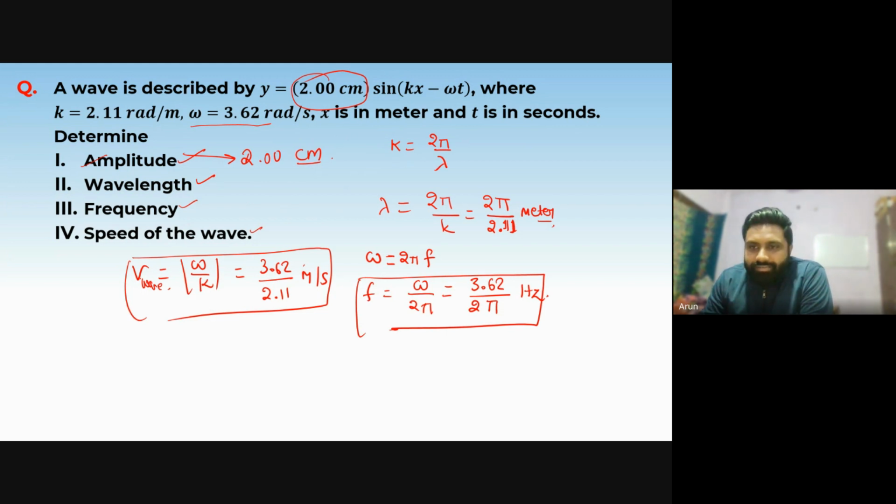Got it. So what about Suma and Sashirekha, JNV Ramnagar student, Bharat DS? What about you guys? What did you say? What do you say about where the wave is going? Either in positive x or negative x?